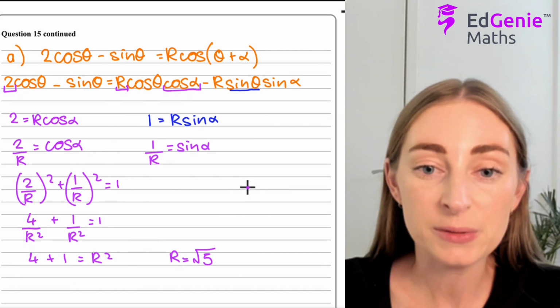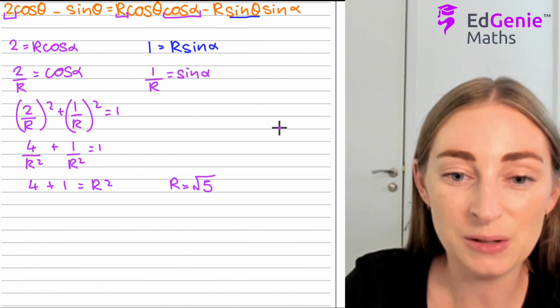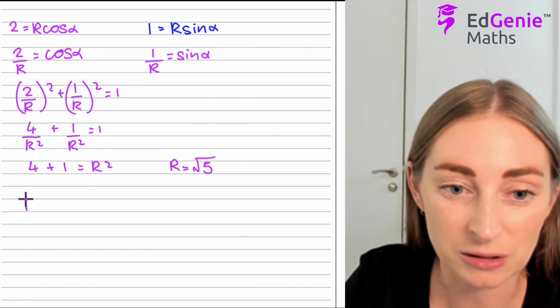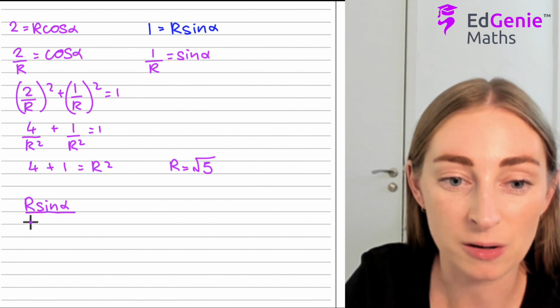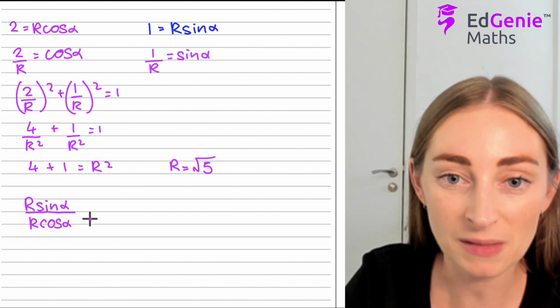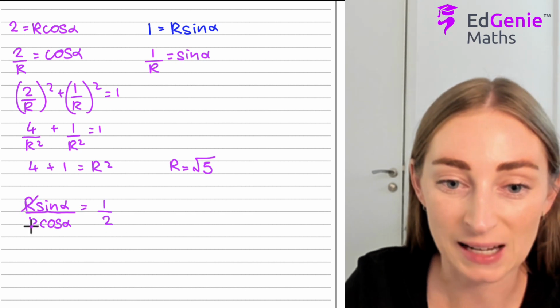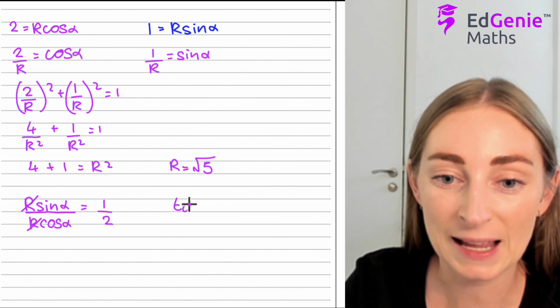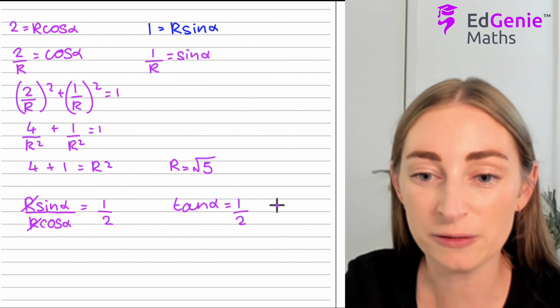So now I want to find this value for alpha, and to do that, I am going to do R sine alpha divided by R cos alpha, and that's going to equal 1 divided by 2. The R's cancel out, and we're left with tan alpha equals a half.